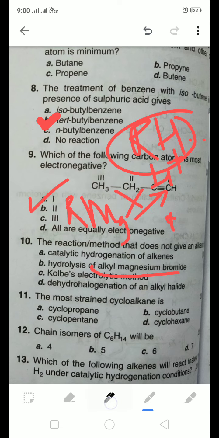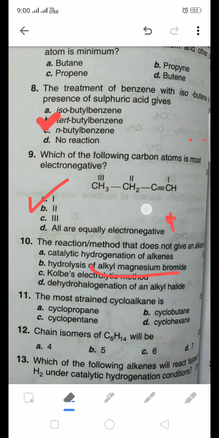So we do get a hydrocarbon. Now, Kolbe electrolysis: we electrolyze a carboxylic acid salt to get alkanes. The fourth one is dehydrohalogenation of alkyl halide. From this we do not get alkanes, we actually get alkenes or alkynes, using alcoholic KOH. So our answer is D, dehydrohalogenation of alkyl halides.